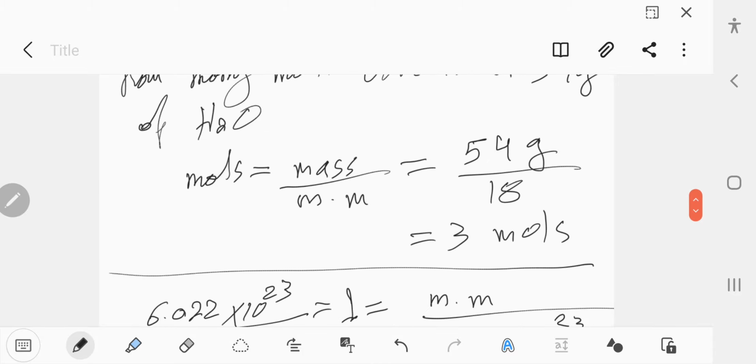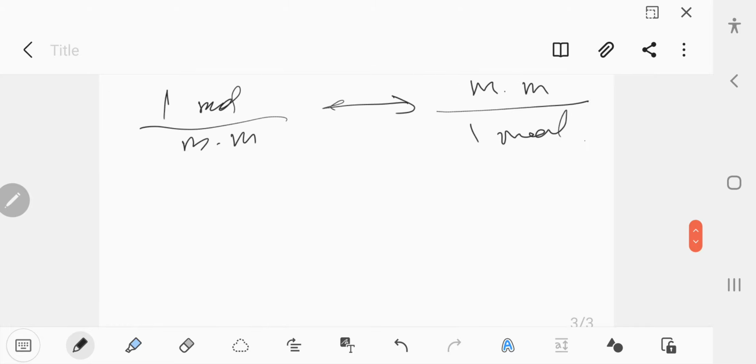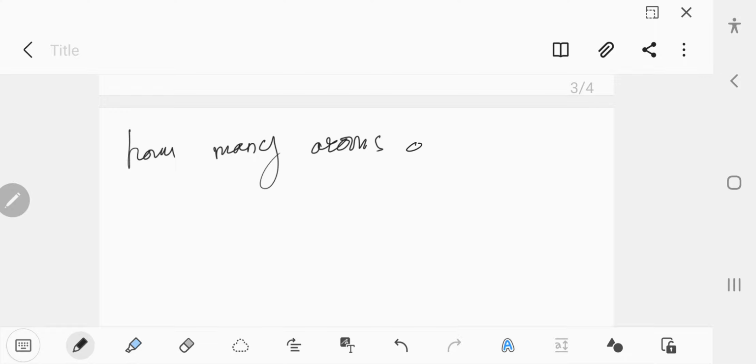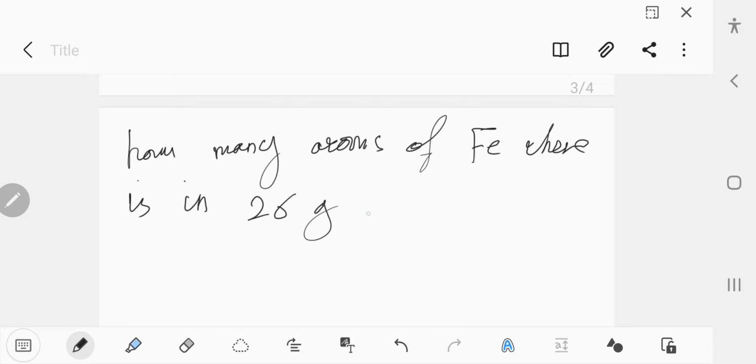So let's take an example for this. How many atoms of, let's say, Fe are there in 26 gram of Fe?